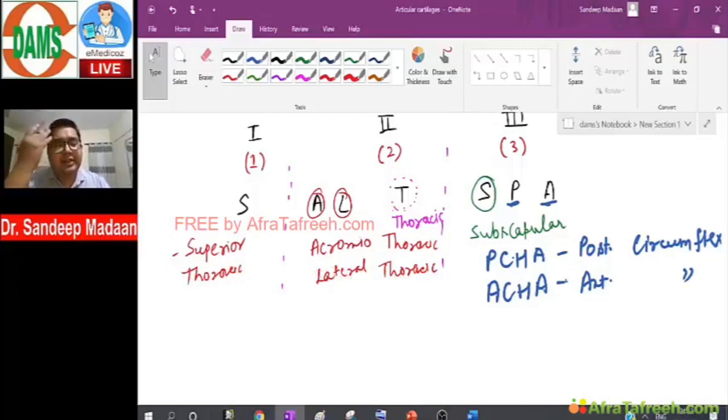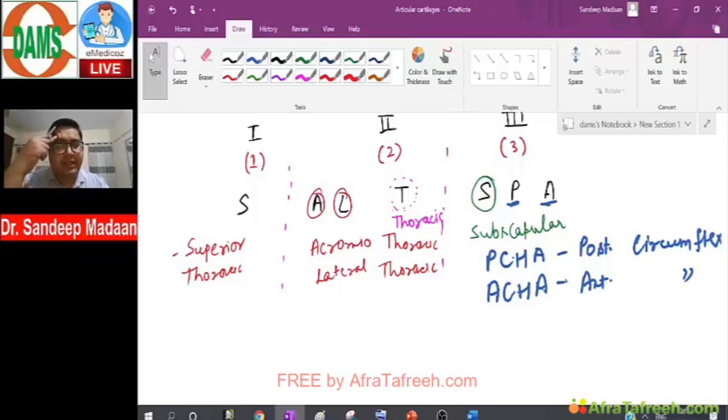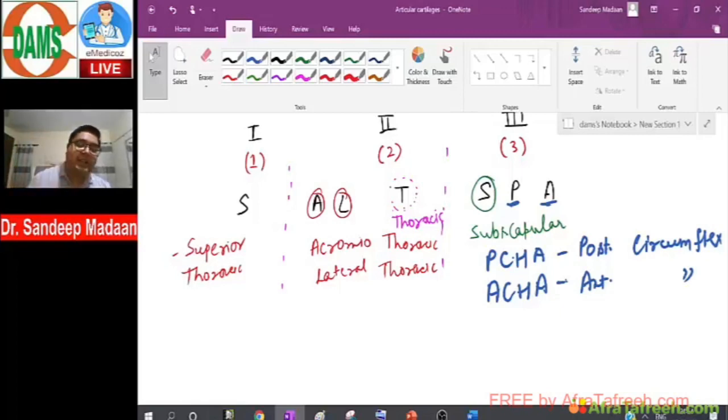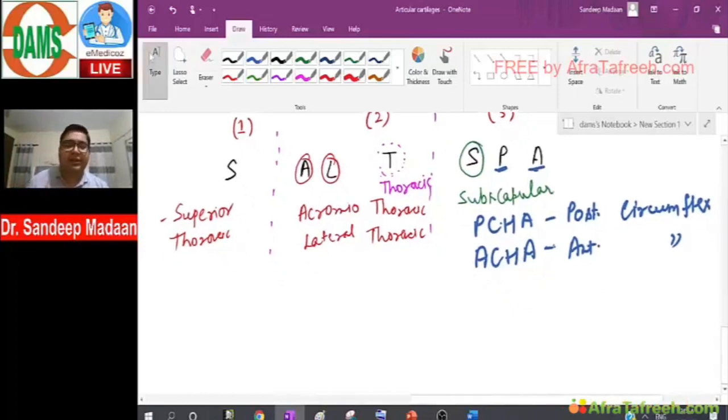So superior thoracic is the only artery from the first part. Acromiothoracic and lateral thoracic are the two branches from the second part. Then SPA: S for subscapular artery. Then Pacha and Acha, which is the posterior circumflex humeral artery and the anterior circumflex humeral artery. Is that fine? Have you understood?